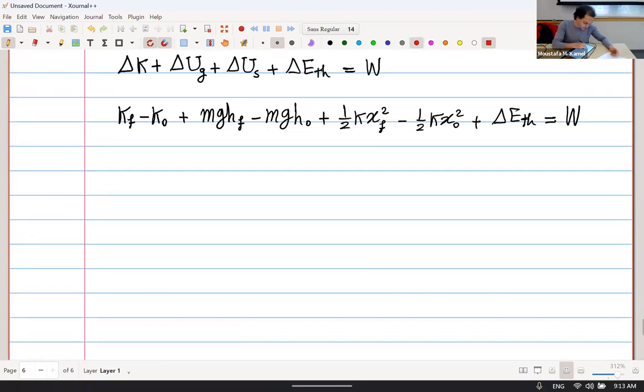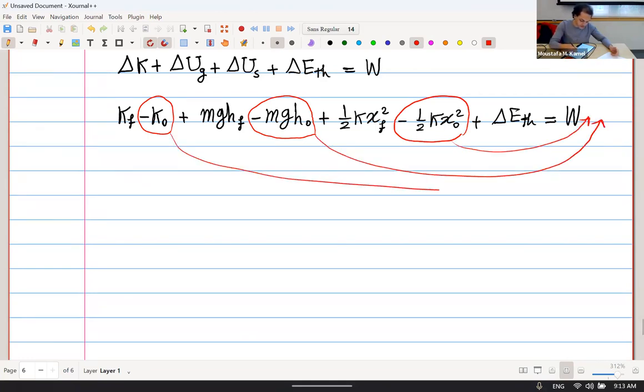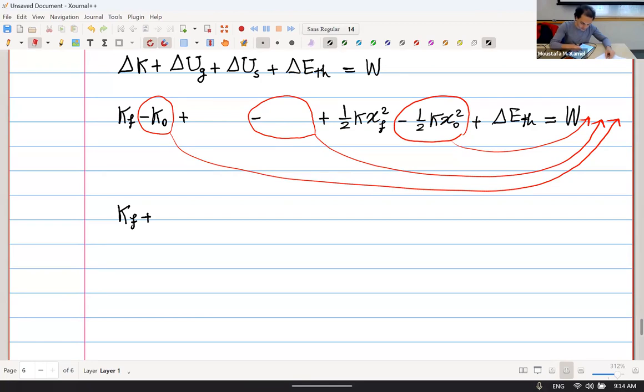Then I will rearrange the formulas. I will take all the initial values and move them to the other side with a positive sign instead of a negative. Then I'm left with K final plus, I don't want to put the formulas in now.